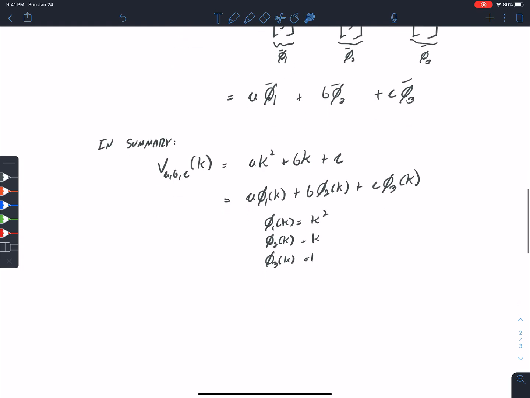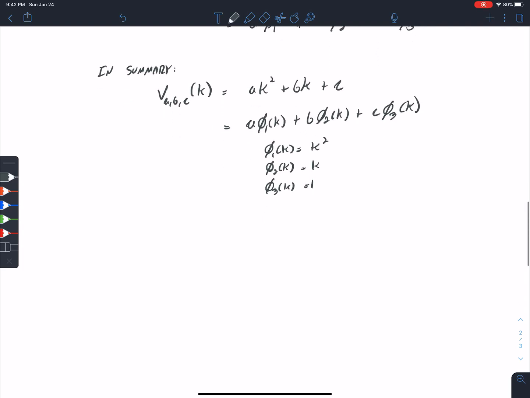So a general way to write a linear model is to write our model as a function of some vector of coefficients c.